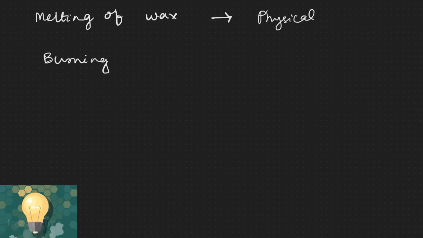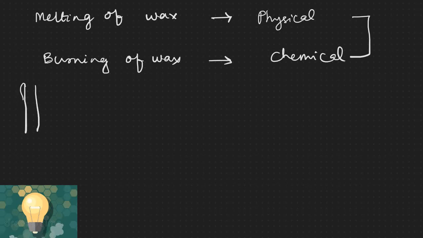Why? Because both are happening, and it is actually a combination of physical as well as chemical change. Some of the wax is being burnt, and that is chemical, and some of the wax is only melted outside. If this is the candle, you get the wax melted like this, but the wax that is burnt here you can never get back, because it goes into the air and mixes with it.